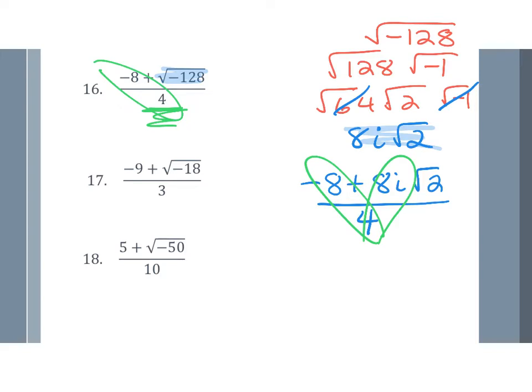So this simplified answer, I can simplify it now, and the 4 becomes a 1, the 8 becomes a 2, and this 8 becomes a 2. So my final answer here is going to be -2 plus 2i square root 2.